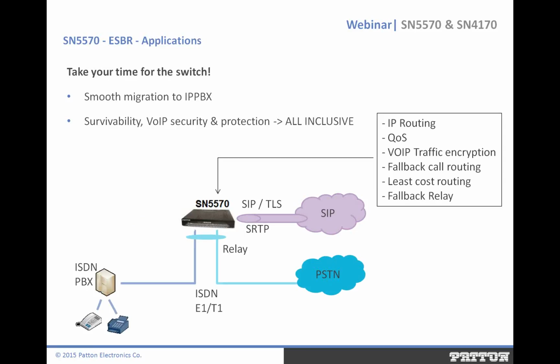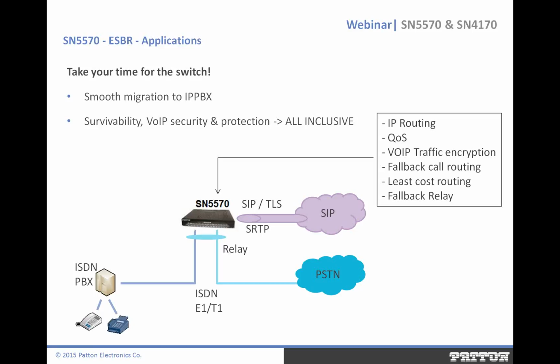Still, if your customer prefers to keep its ISDN legacy PBX, where they just bought that PBX a couple of years ago and they're not ready yet to change to an IP PBX, or they don't want to invest more time to buy a new PBX or to provide training to their employees in order for them to know how the new telephone device on their desk works, they can keep their old legacy equipment.